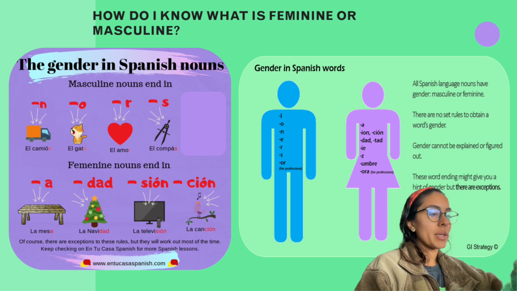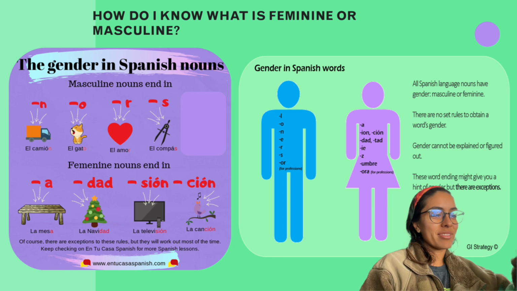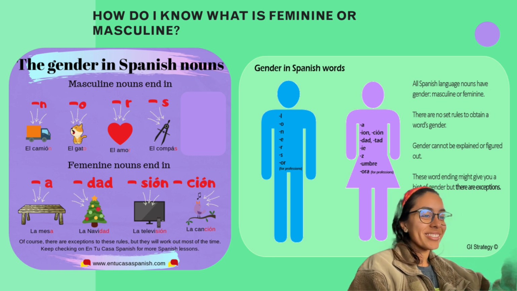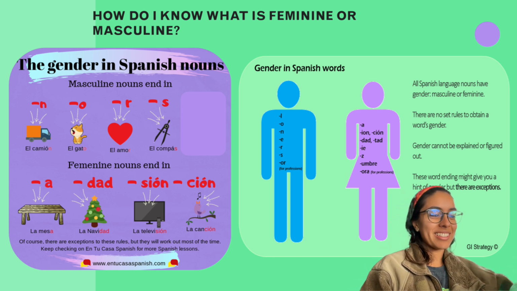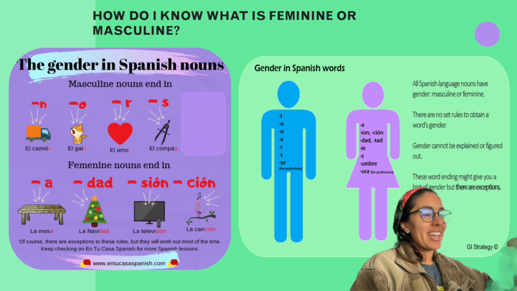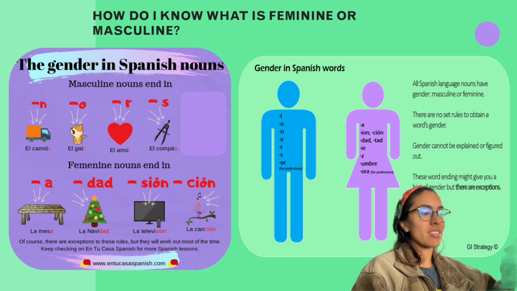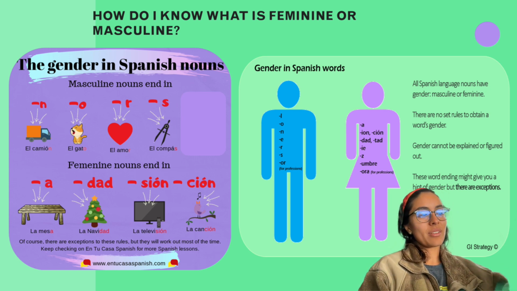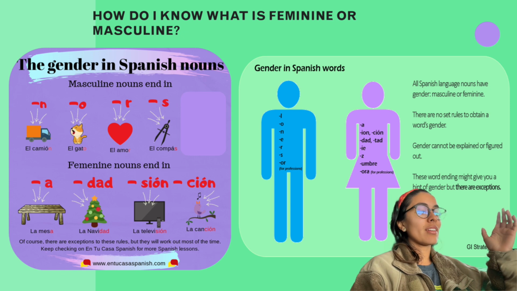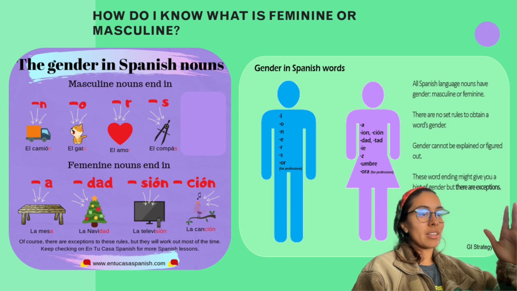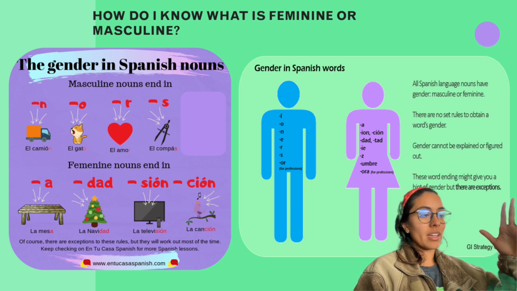In the second place, we have Navidad, which is Christmas. Third place, we have televisión, which in English is very similar, television. In fourth place, we have canción, which in English is song. So I'm gonna say every rule now in Spanish, okay?